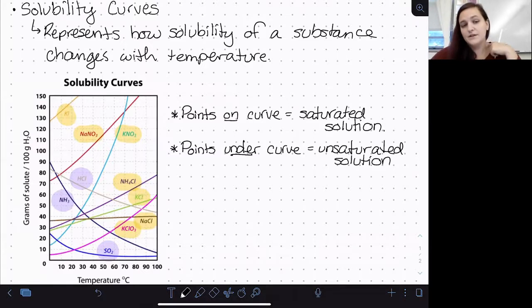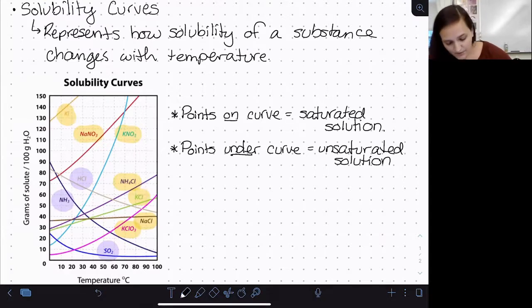So if we tried to dissolve those same 60 grams of ammonium chloride at 90 degrees Celsius, we'd be over here, which is underneath the curve that we were looking at for ammonium chloride. So that means if we dissolved 60 grams of ammonium chloride in 100 grams of water at 90 degrees Celsius, we're creating an unsaturated solution because we could put more in if we wanted to.